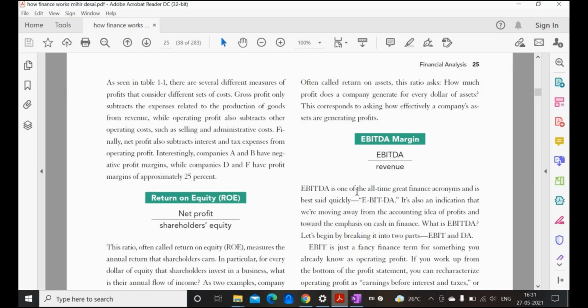So let's continue with the next ratio, EBITDA margin. Now this is an important ratio, EBITDA margin.